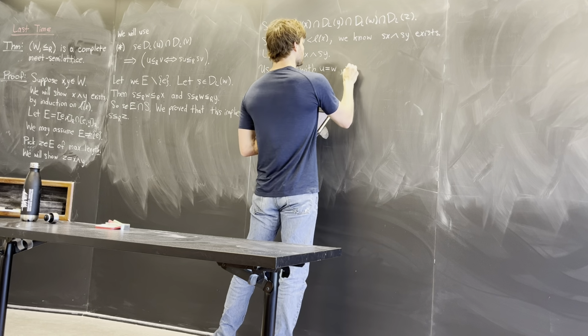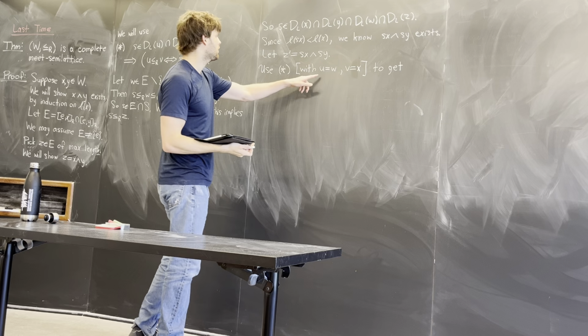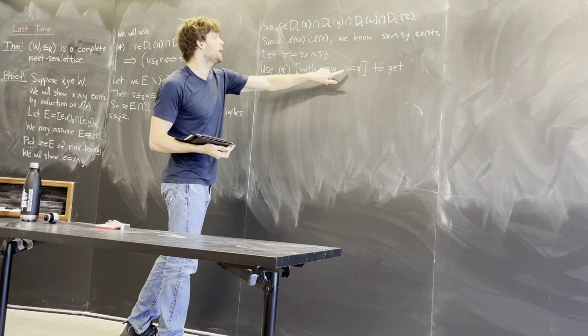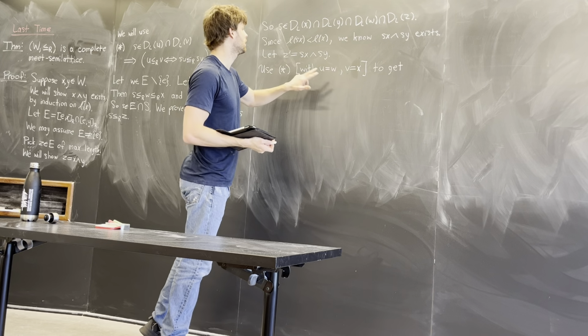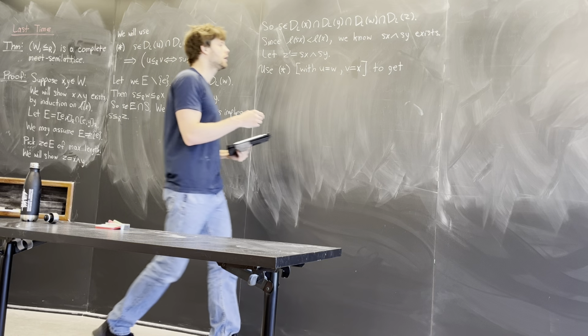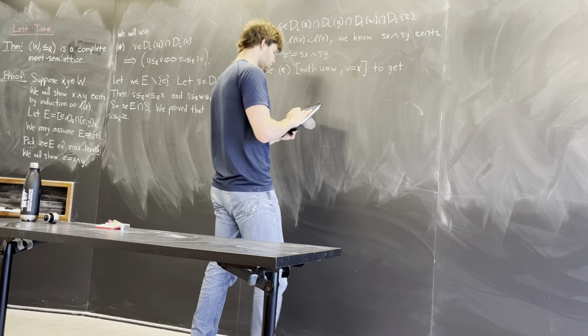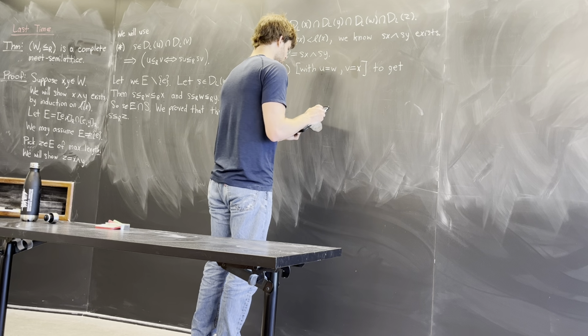First of all, I can do this because s is a left descent of u and it's a left descent of v because of this. And so this says that w is less than or equal to x if and only if sw is less than or equal to sx. We know that w is less than or equal to x, so this implies that sw is less than or equal to sx.